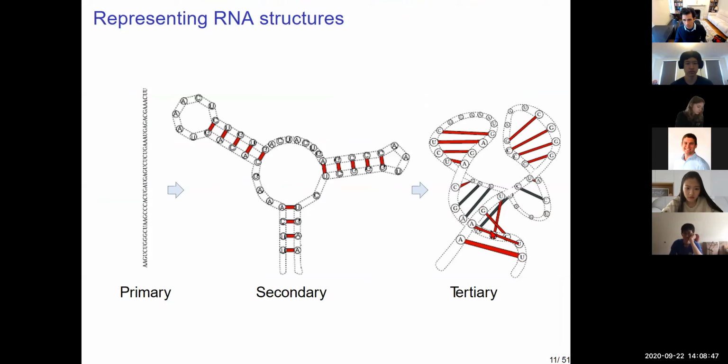So here's a tRNA, a transfer RNA, that is the primary sequence, and then you can wrap that sequence around itself. So A, G, U, C, U, etc. And then you have this looping of this GGG matching the CCC here.